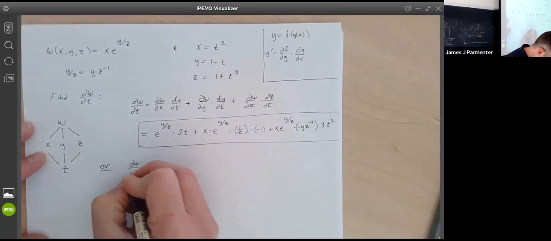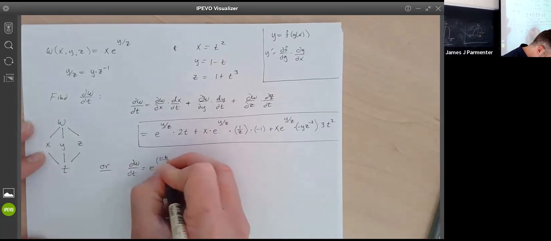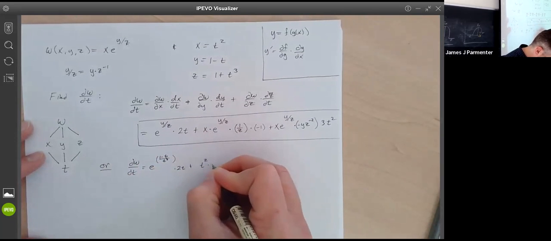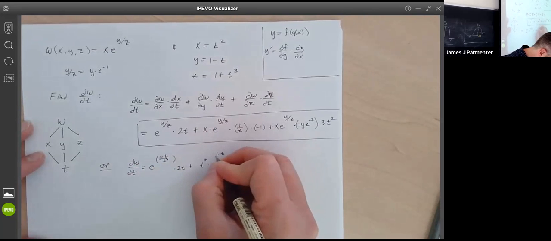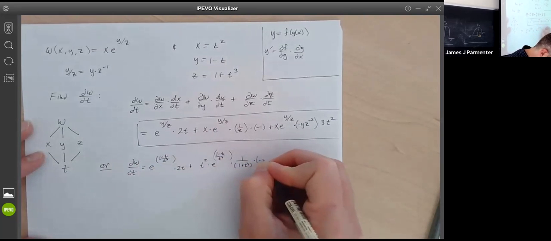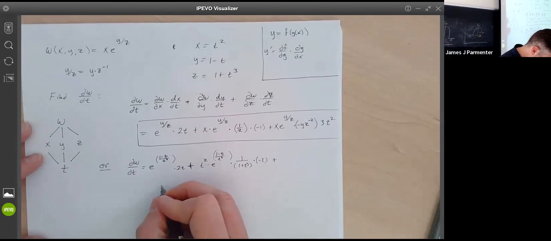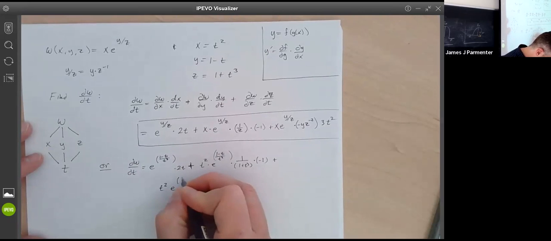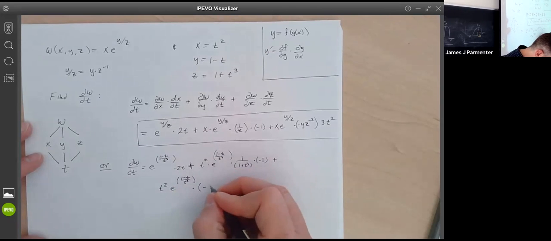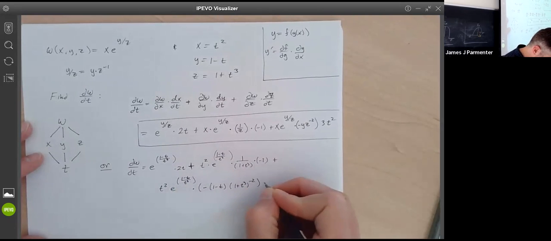You could say that dw dt is e to the, okay, it's going to be kind of gross here, 1 minus t over t cubed times 2t plus t squared times e to the 1 minus t over t cubed times 1 over 1 plus t cubed times -1 plus, I'm not going to be able to fit it in here, x is t squared times e to the 1 minus t over t cubed times -1 minus t times 1 plus t cubed to the negative second times 3t squared.